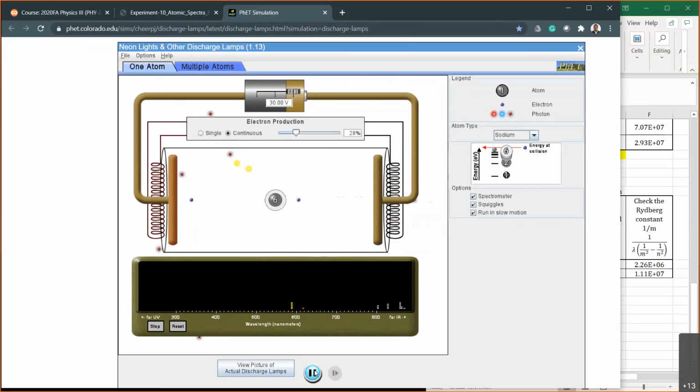2 to 1 is fine, the yellow. Everything else is either in the very low energy IR region. I think 6 to 3 is the orange color. Yep, so it's actually 6 to 2, right?